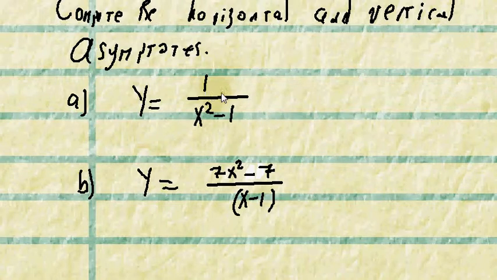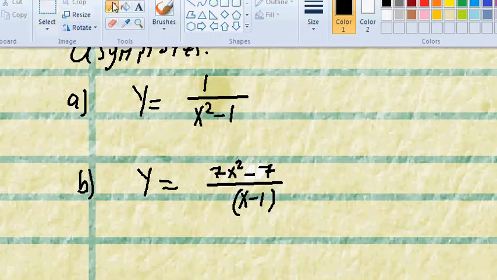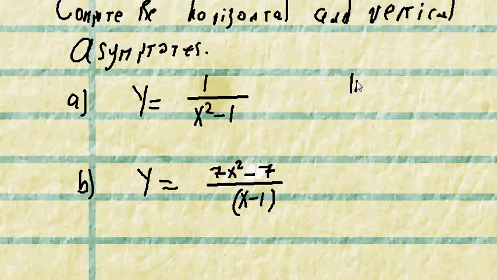So I'm going to compute the horizontal asymptote. To compute the horizontal asymptote, I have to take the limit as x approaches infinity of the function f of x.